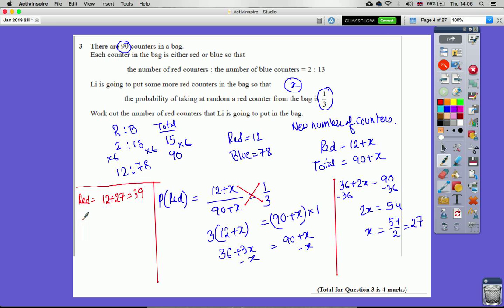And the total number of counters is now going to be 90 plus 27, which is 117. So let's check if 39 over 117, what does it give you? It gives you 1 over 3. So that means if you put 27 more counters in the bag, then the probability of getting a red will be 1/3.